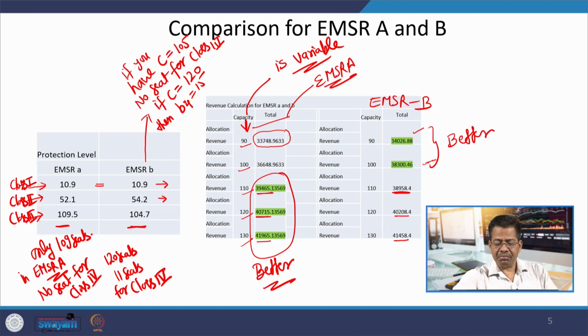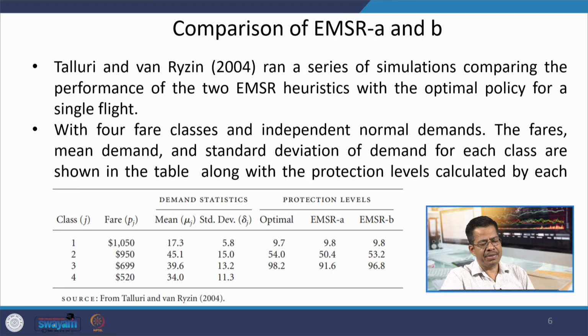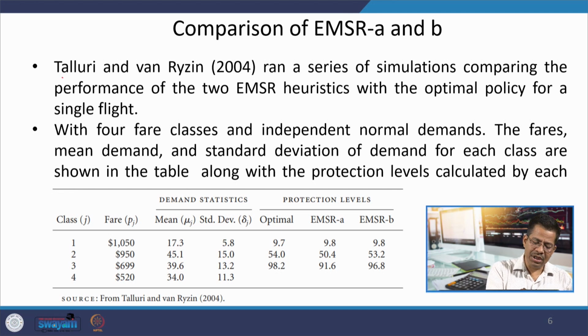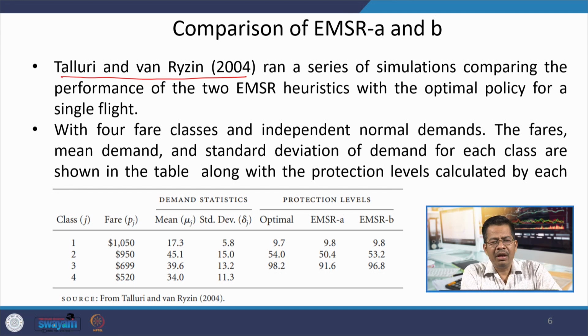In fact, this is the data which we discussed in our previous class, and we will show you the complete calculation of these revenue tables, how we arrived at these revenue values. But before we actually shift to the Excel tables, we would also like to refer to one paper which is published comparing EMSR A and EMSR B. This was the paper written by Talluri and Van Ryzin in 2004, and they in fact went one step ahead.